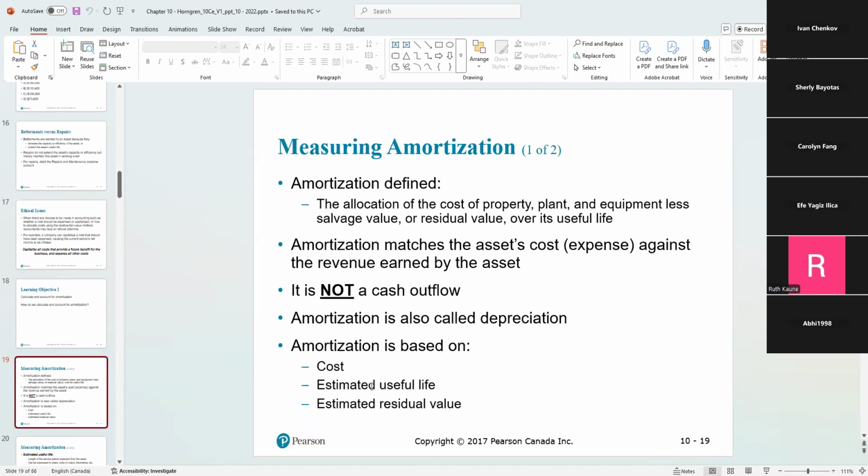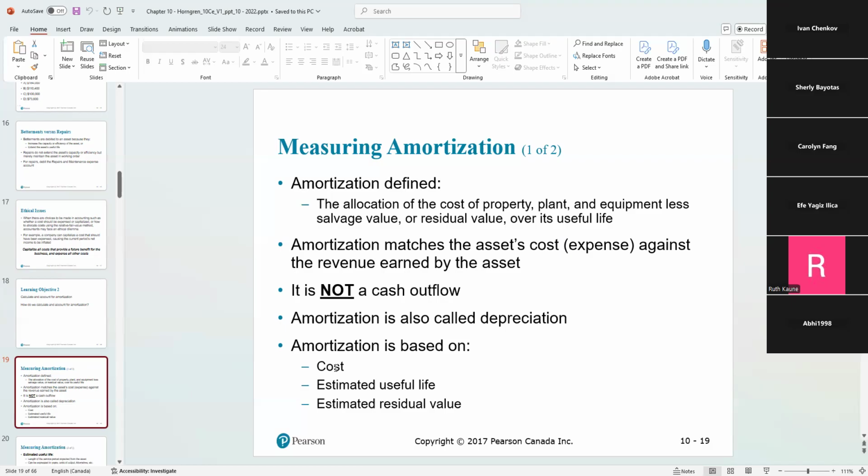But there are some complications. The basic thing is amortization will be based on the cost, which we already calculated in the first objective. The total cost of the asset means purchase price minus discount plus the transportation plus installation plus testing, everything.